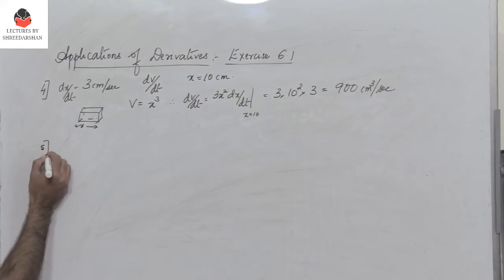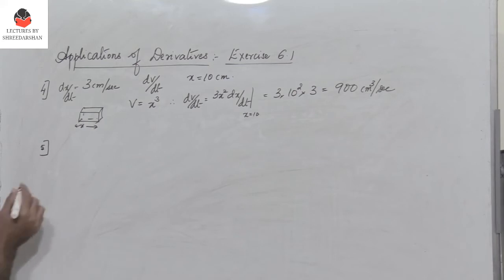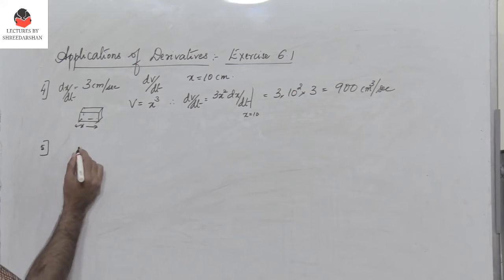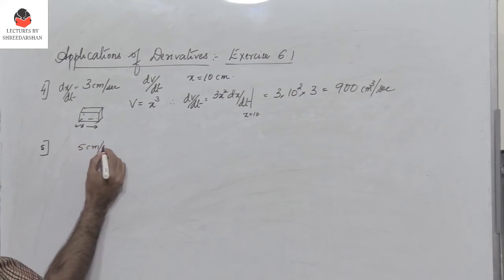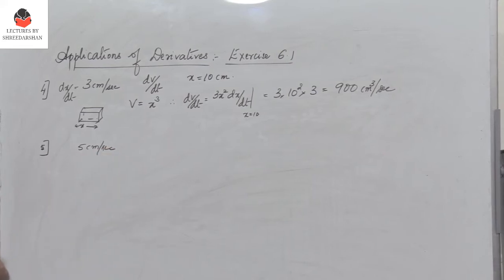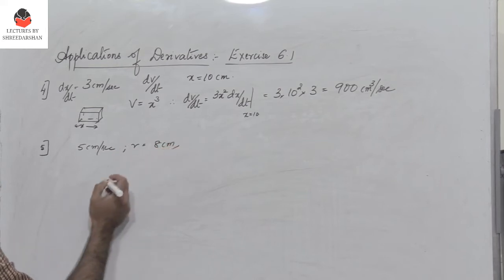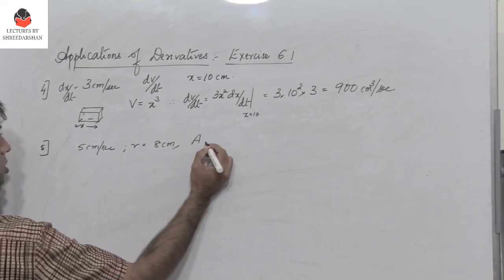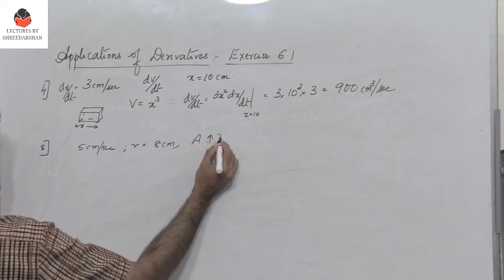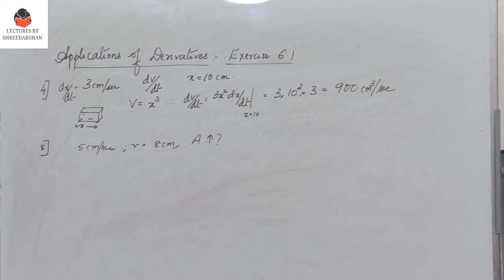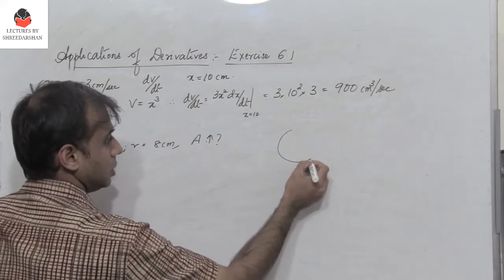5. A stone is dropped in a lake and the waves move at 5 centimeter per second. When the radius is 8 centimeter, how fast is the area enclosed increasing? Alright, so here a stone is dropped in a water body.